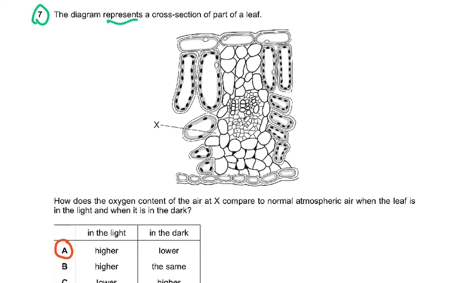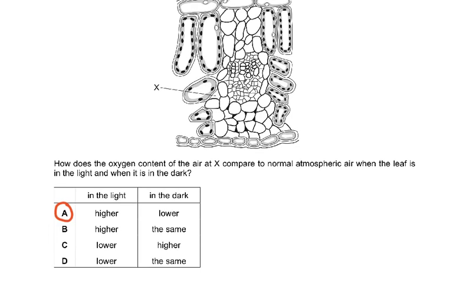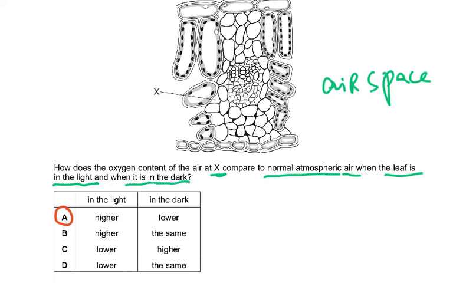Question 7, the diagram represents a cross section of part of a leaf. And then it said, how does the oxygen content of the air at X, now that is an air space in between the spongy mesophyll cells, compare to normal atmospheric air when the leaf is in the light and when it is in the dark?